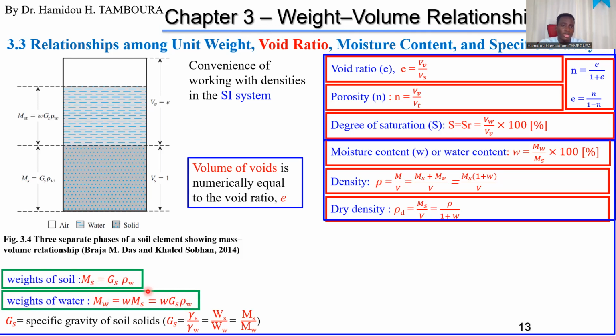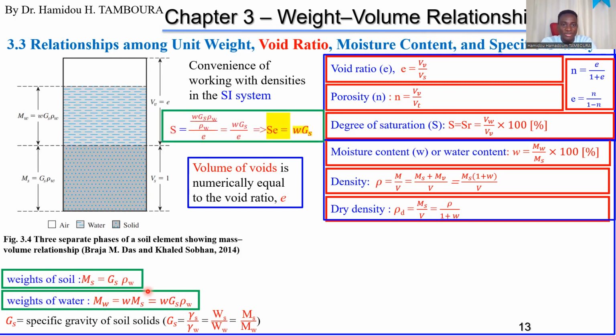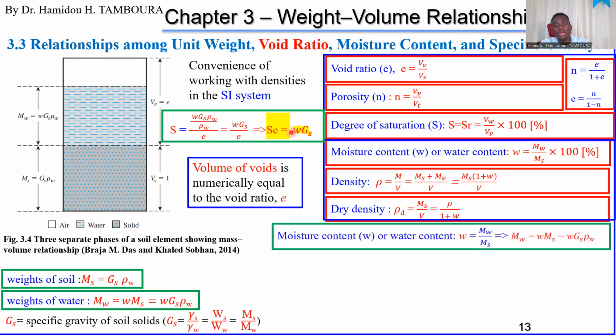I don't have time to correct this, but I hope you understand. For the degree of saturation, we obtain the same formula we established before. Here the only difference is rho, density, and the density will go, and you have this. Water content, in this case you should use the mass.